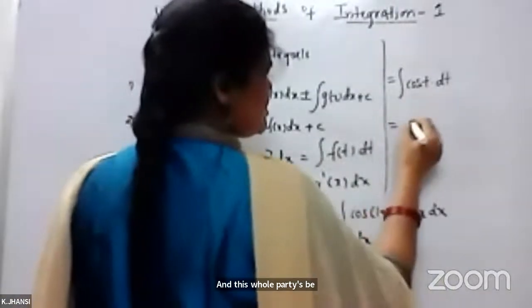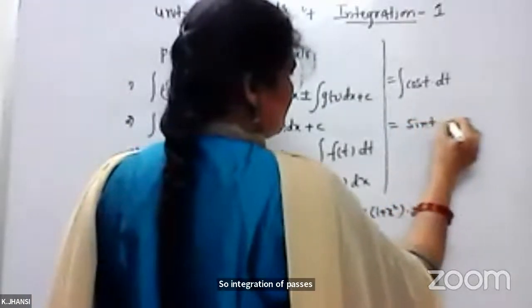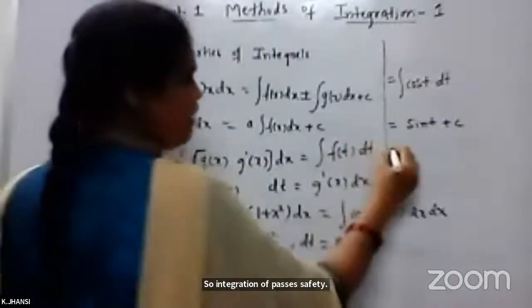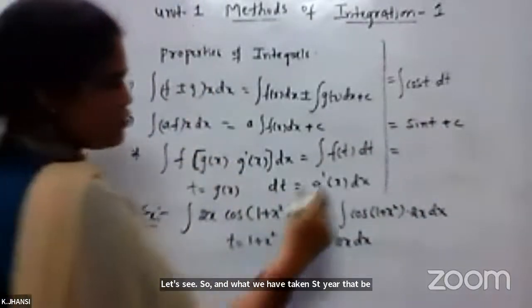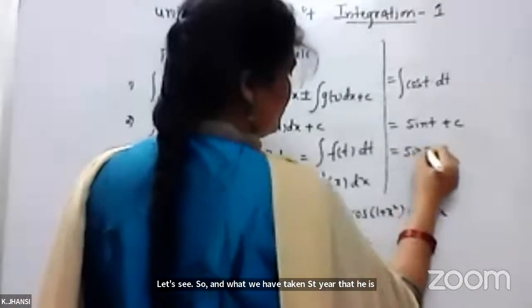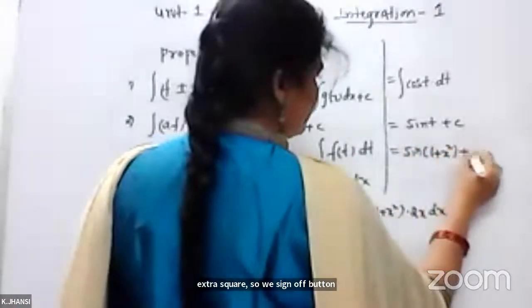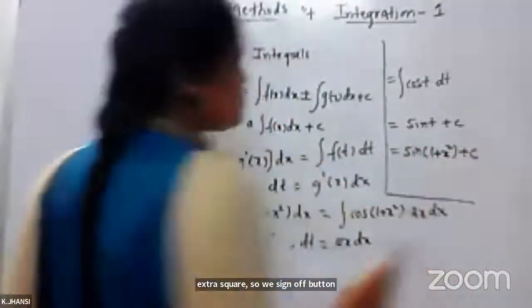Integration of cos is sin t plus c. And what we have taken as t, here t is 1 plus x square. So it is sin of 1 plus x square plus c. So this is the solution. Okay.